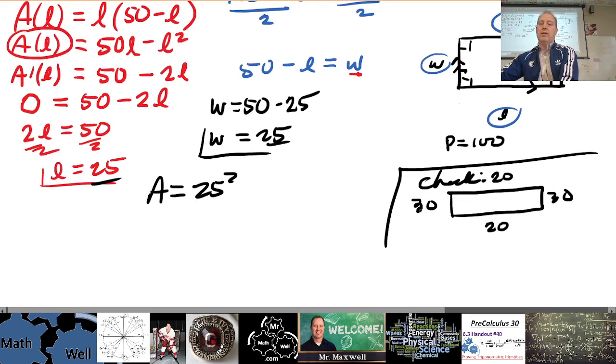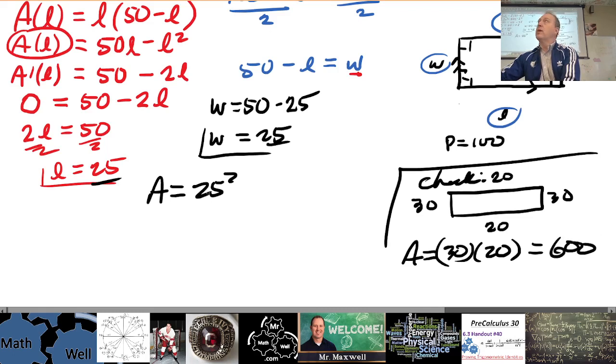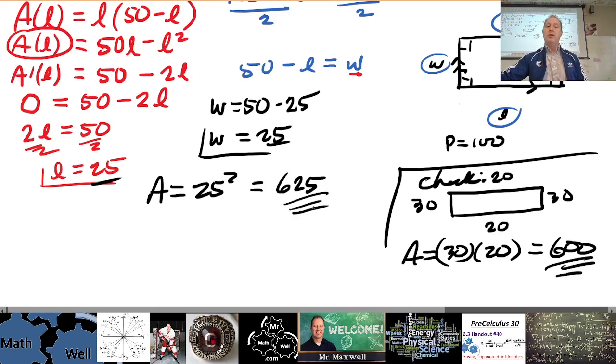So let's see, this is 30 times 20, so this area is 30 times 20, which is 600, and 25 squared, is that 625? 625, I believe. So this area is smaller than this area. So that means we have a maximum area. We're good to go. So this is smaller.